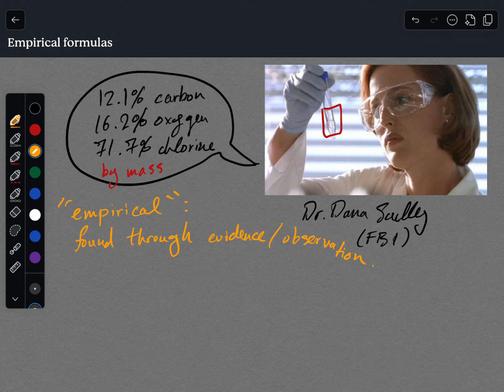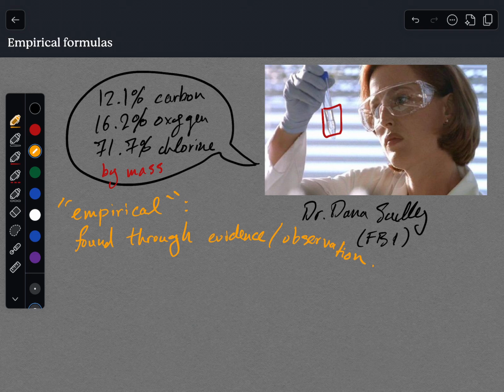So this is different than what we've been doing through most of the class, both last term and this term, where things have been predicated mostly or entirely on theory. So you're basically given a hypothetical experimental set of data where these are the masses of some compound by the percentages of the masses by weight.